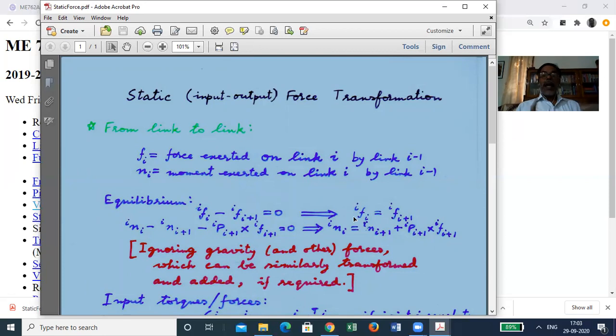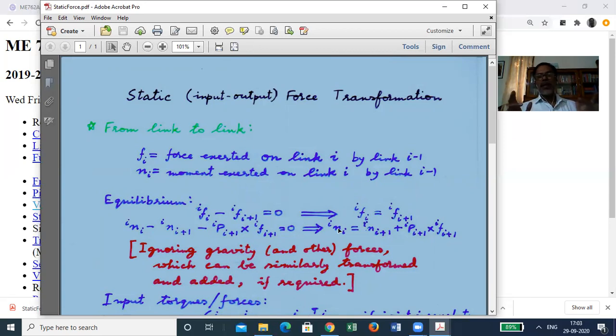And now each of these, that is F_i-N_i combinations at every joint, actually has three components. Three components here, three components here, so total 6 components. So 3 independent components of forces, 3 independent components of moments.